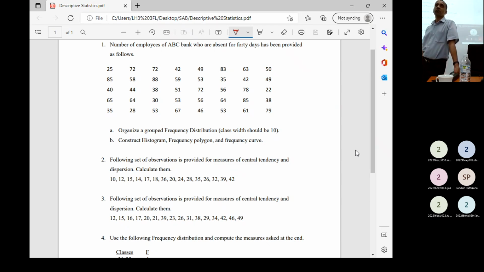The following methods can be used to organize data. First one, array.